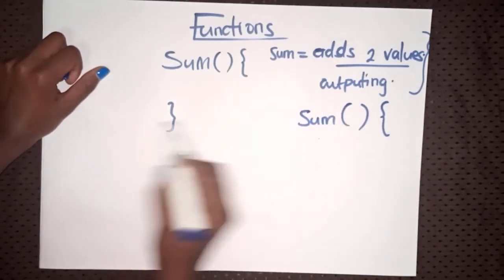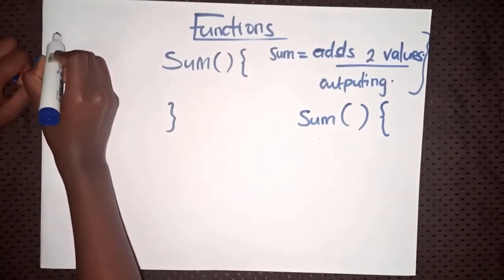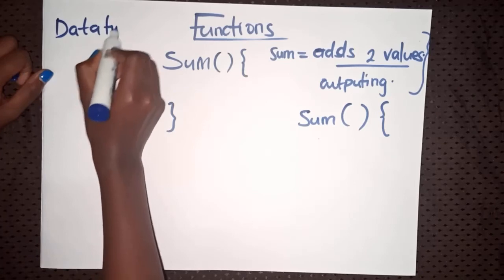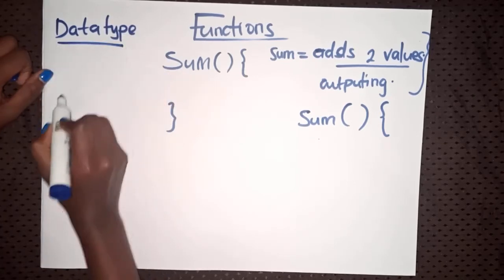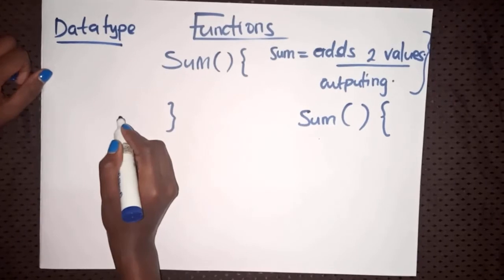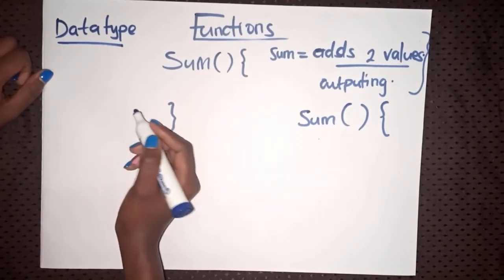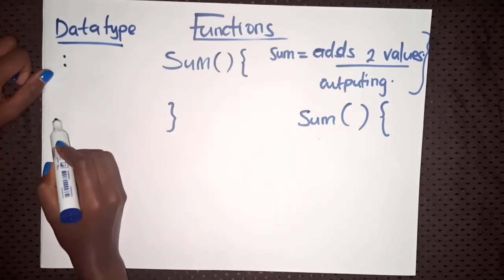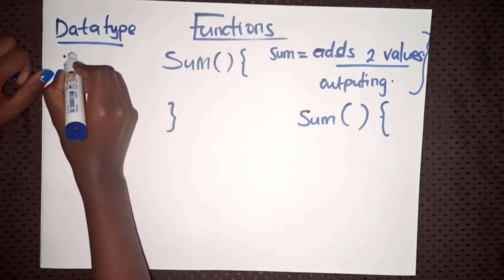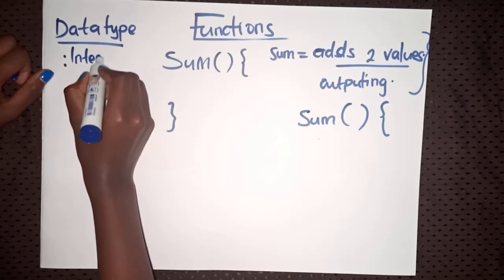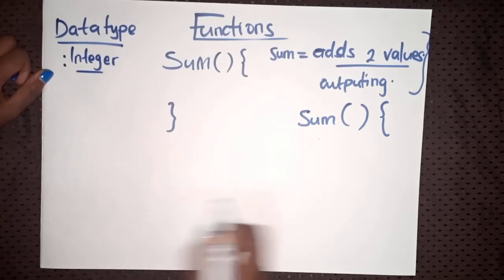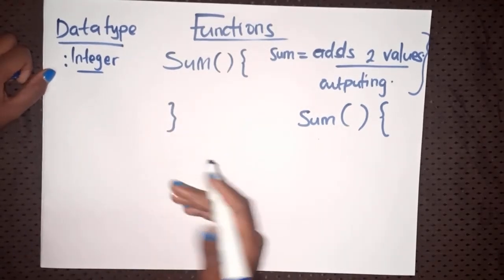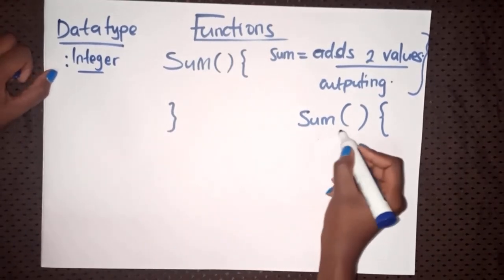Remember we mentioned in an earlier video we have data types, so most probably you will declare the data type that we're using. Since it's addition, it can be either float or integer or others. I'll just use integer for easy understanding. Integer is 1, 2, 3, 4 with no decimal points. It can be negative or positive up to a certain range.